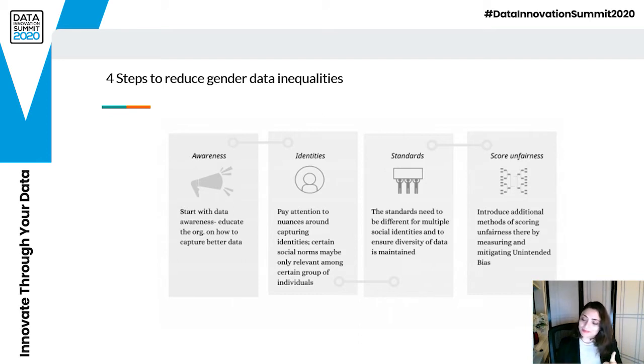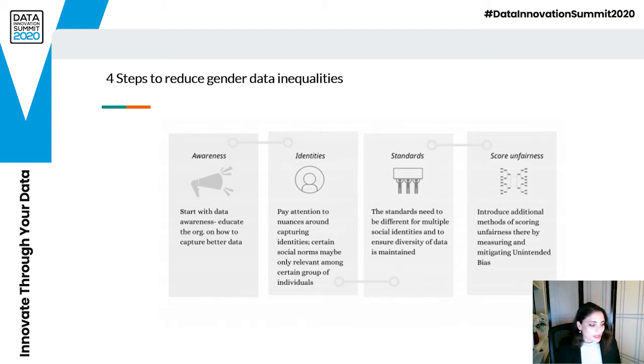Number one is creating awareness, and we will touch upon more about how to go about creating awareness. Number two is paying attention to the nuances around making sure identities are captured, because certain social norms may not be relevant to all groups of individuals that the data represents.